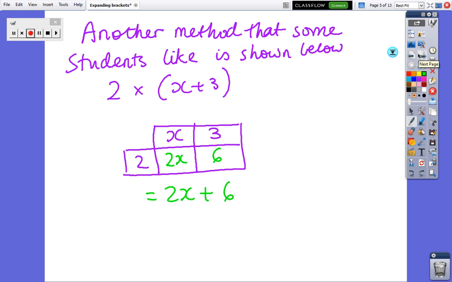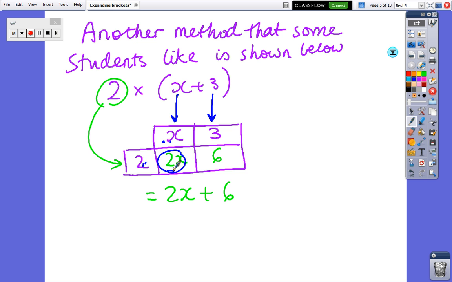So instead of using those lines joining up, there's another way you could do it. For instance, this number here goes into that box there, and x goes there, and the 3 goes there. So you set up a little area, and when the two boxes match or coincide, you multiply.